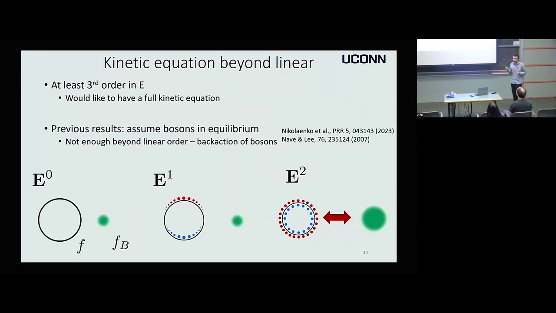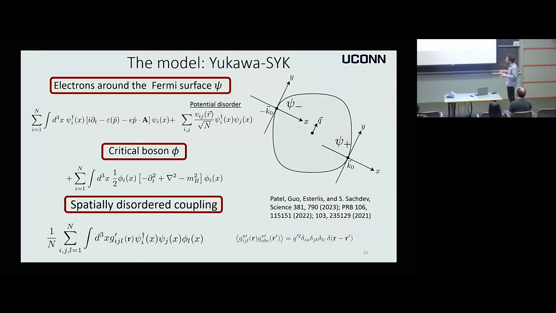And this is basically the challenge that Serhii took on. So here's the model, just to guide you through what's happening step by step. We have electrons around the Fermi surface. There is some potential disorder, and there are these flavor indices, which are basically used to control the theory. You can say we're selecting a certain subclass of diagrams, or we're doing a saddle point approximation, which allows you to compute everything in the saddle point approximation.